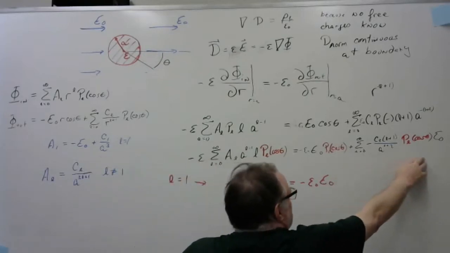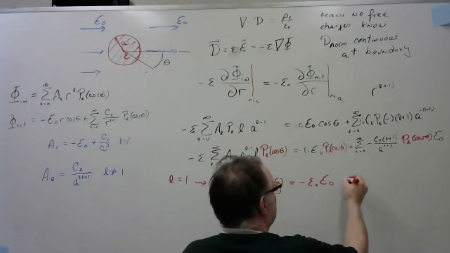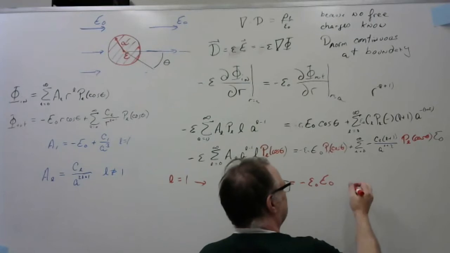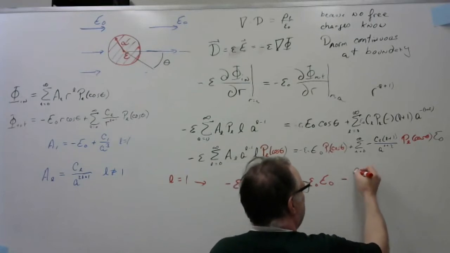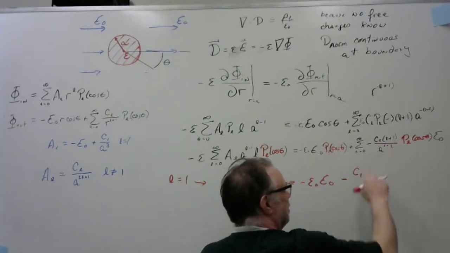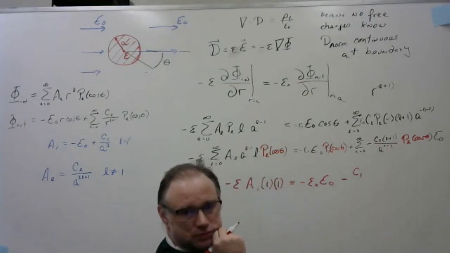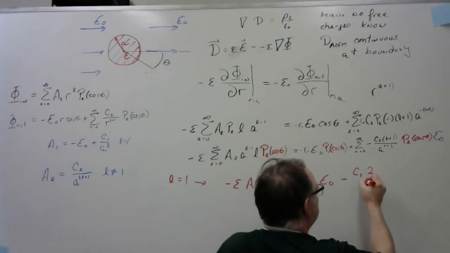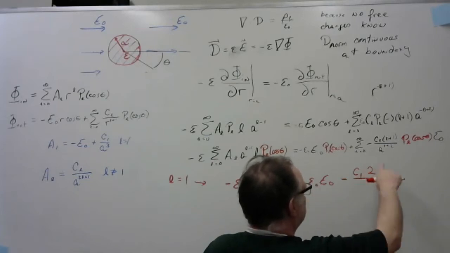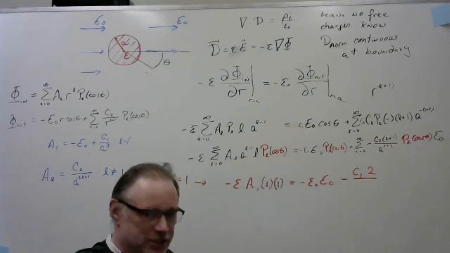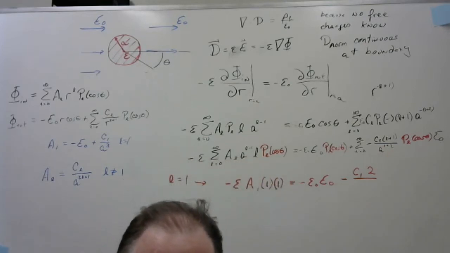And now let's get the coefficient of this P1 term. Actually, it's going to be minus C1. 1 plus 1 is 2. Times 2 divided by A to the L plus 2. So 1 plus 2 is 3. So it's A cubed.